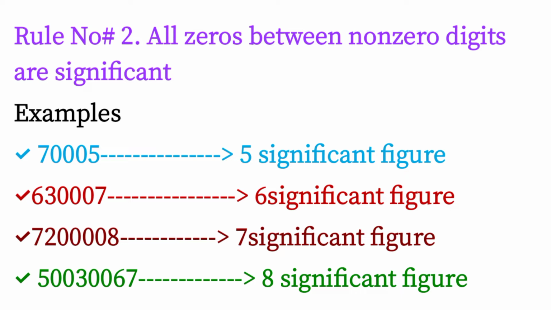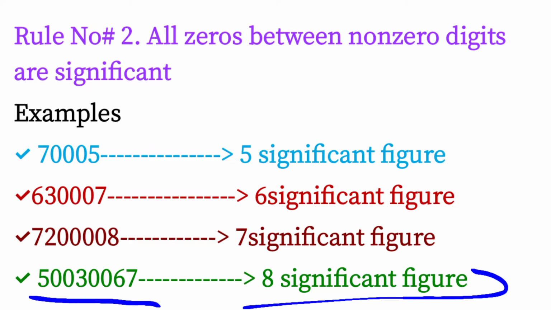When you count all the numbers together, you find that you have got 7 significant figures. The last one, 5, 0, 0, 3, 0, 0, 6, 7. You count all these numbers 1, 2, 3, 4, 5, 6, 7, 8. You have got 8 significant figures.